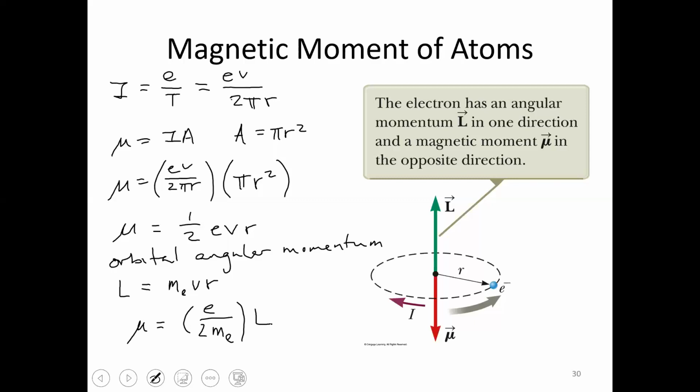Now, in actuality, quantum physics tells us that this is too simple of a description of our electron moving in a circle, and that we also need to take into account the spin of an electron. So the spin for an electron happens to be the square root of 3 over 2 times h bar, where h bar is a constant that we use in quantum mechanics.